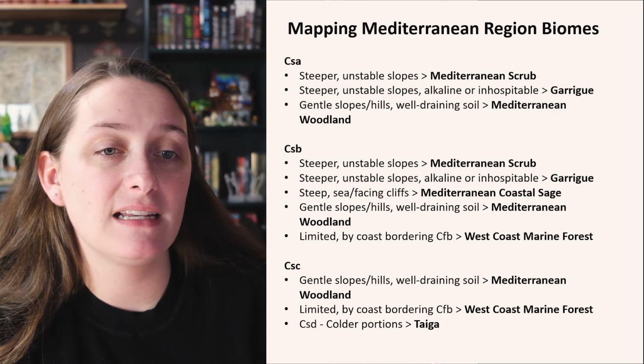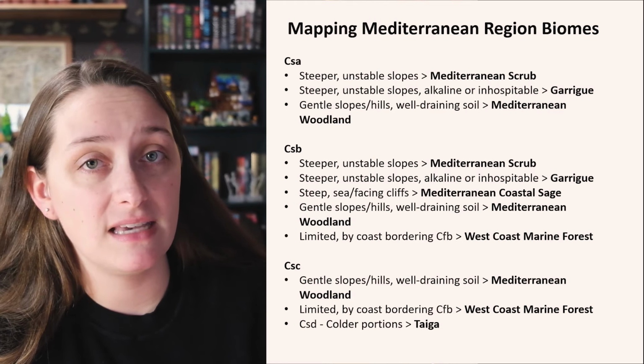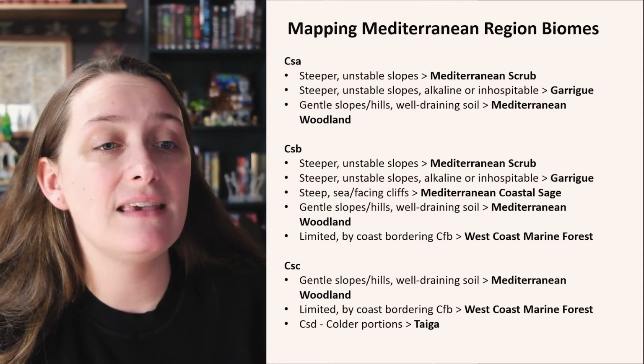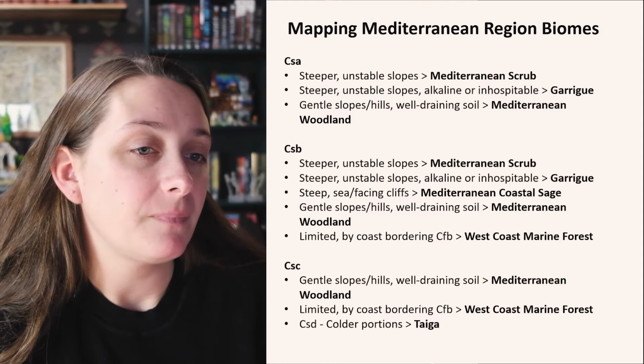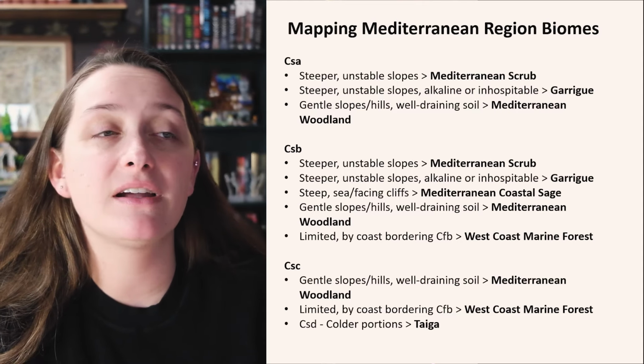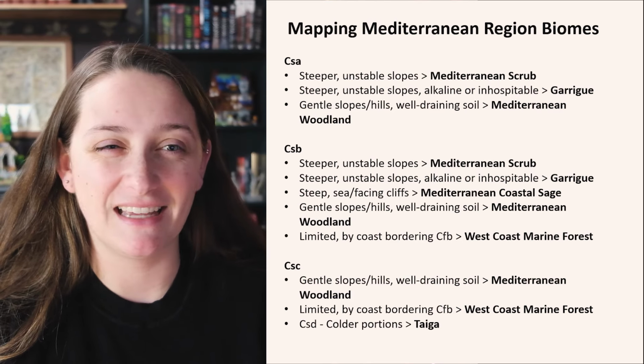The next easiest thing to find will be the Mediterranean scrub, which is mainly going to be in CSA or CSB, or Mediterranean coastal stage if it's a sea-facing coastal cliff. Where those can't grow, in very inhospitable areas with very alkaline soil, you will find garrigue.